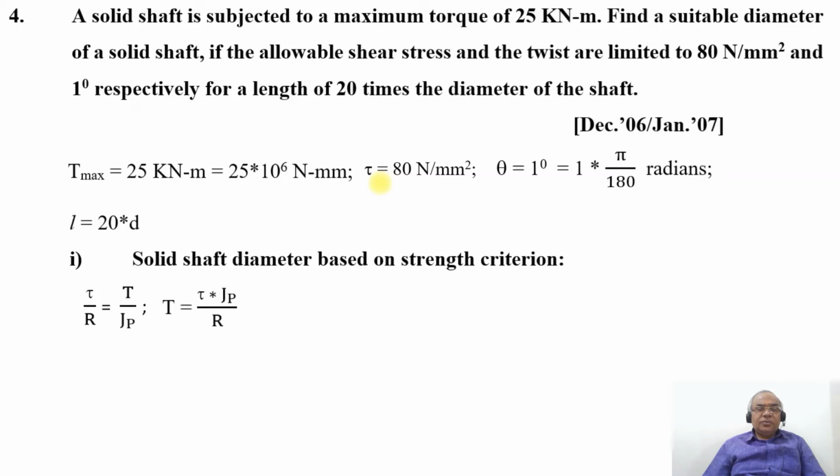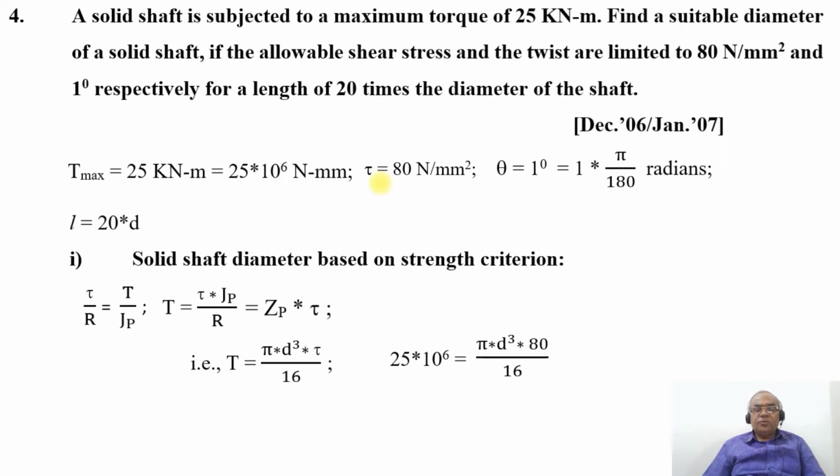So that will be equal to Zp into tau, which is the section modulus. So the torque is given by the section modulus of the solid shaft, pi d cube by 16, into tau. We know the value of torque. So you substitute that: 25 into 10 to the power of 6 will be equal to pi into d cube, which I need to find out, into tau, 80 by 16.